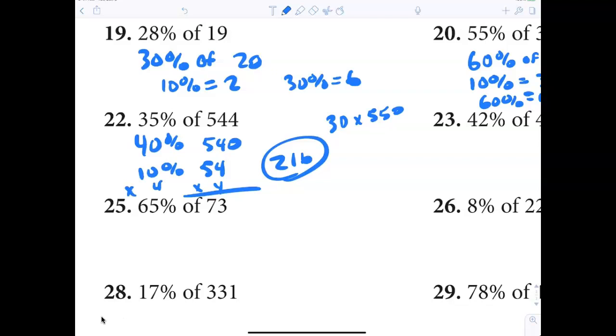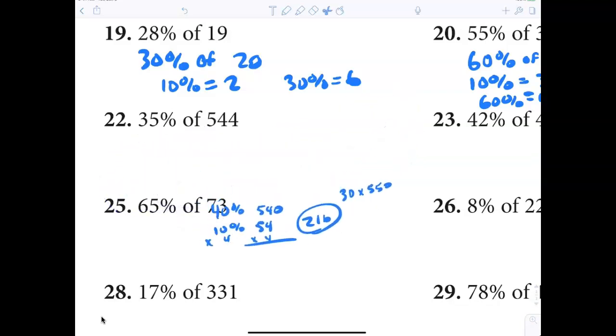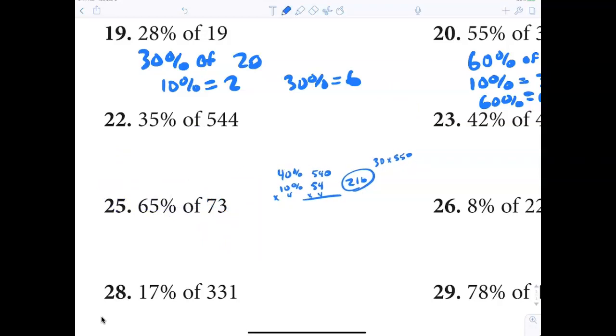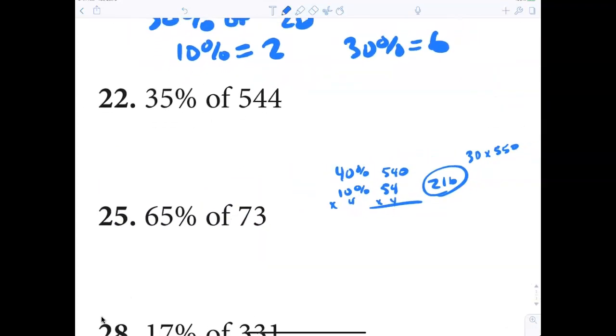I would probably accept it, but I think you're smart enough that I can explain it to you like this. If I was going to change this to 30%, I would round this not to 550, but maybe like 600. You with me on that? You see what I'm saying?